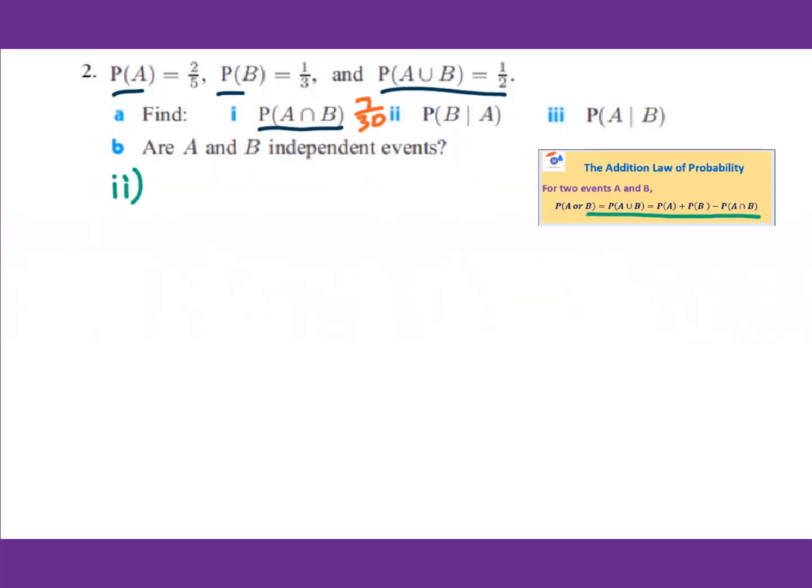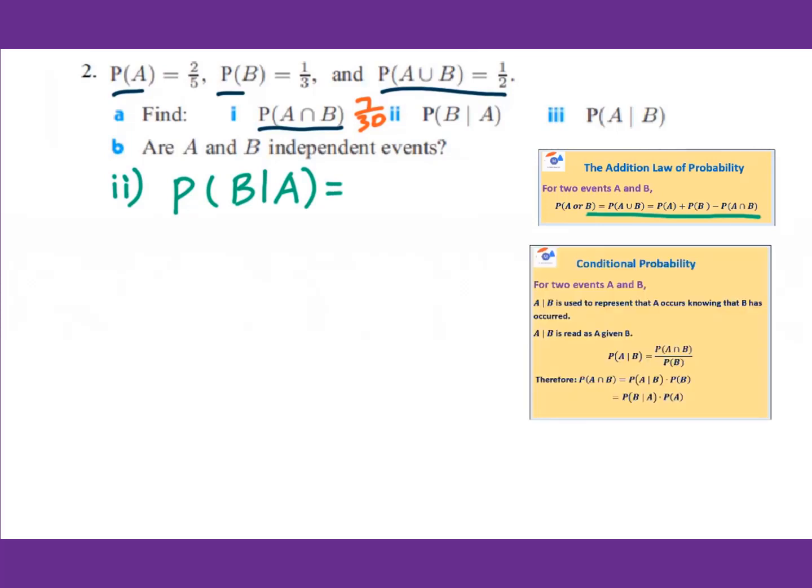For the second one, the probability of B given A. Using that formula, you will get the probability of B and A over the probability of A. You will get 7 over 30 over 2 over 5. This is a complex fraction.